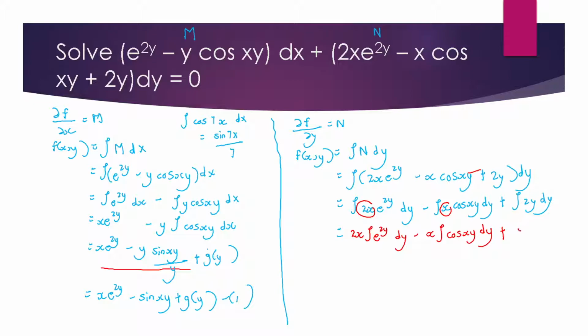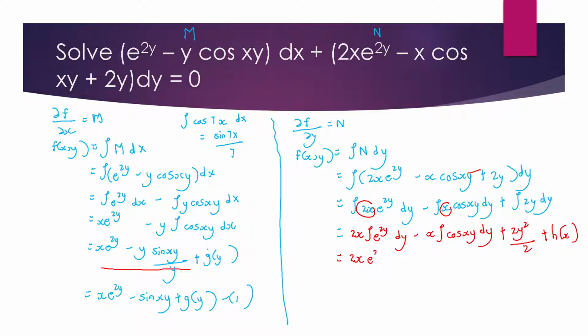Integrate 2y, you have y squared, actually 2y squared divided by 2. This is partial integration, so when integrating with respect to y, x is also a constant. That's why h(x).